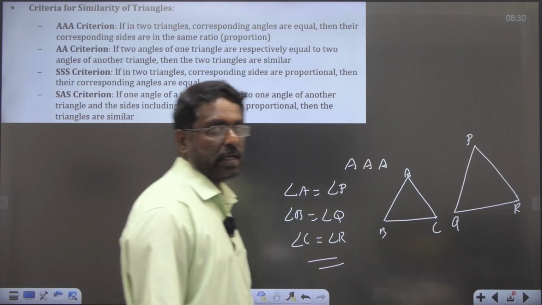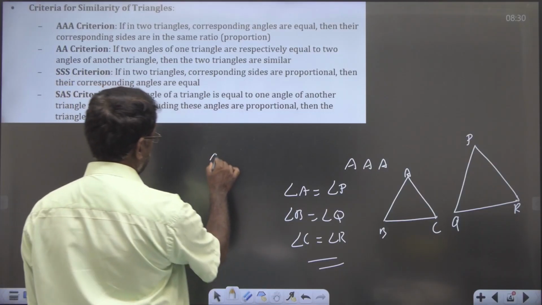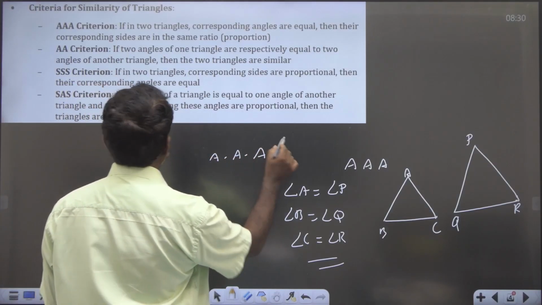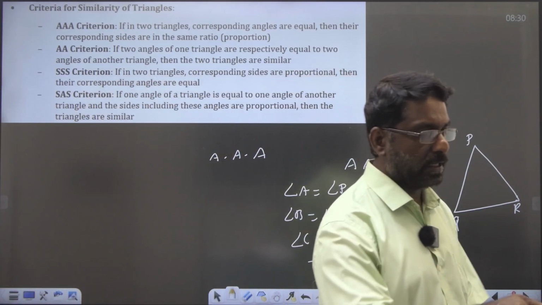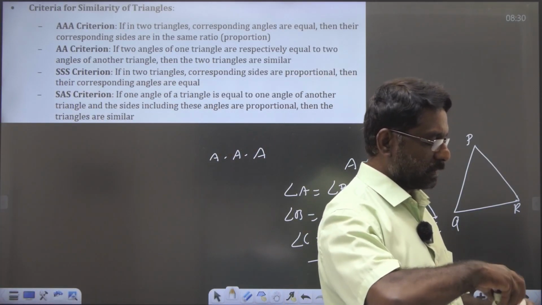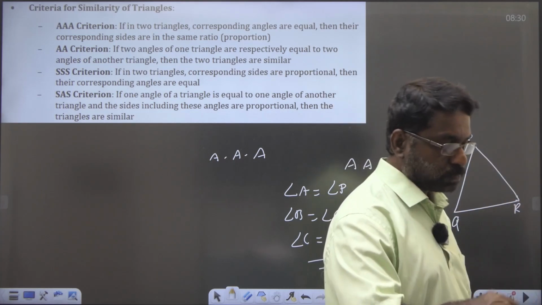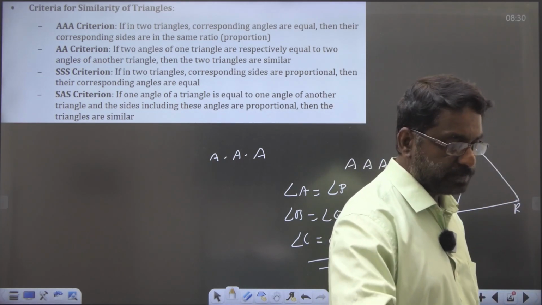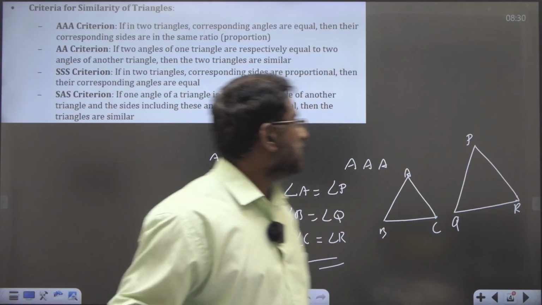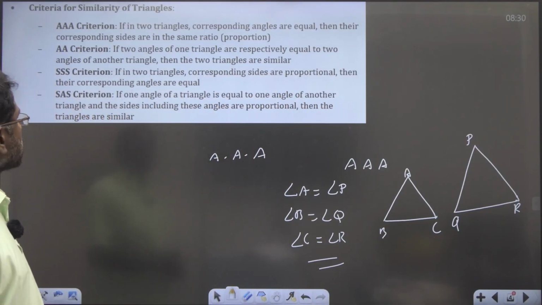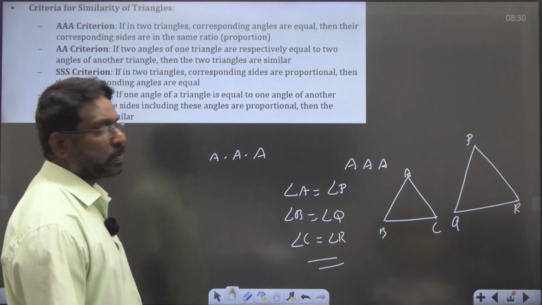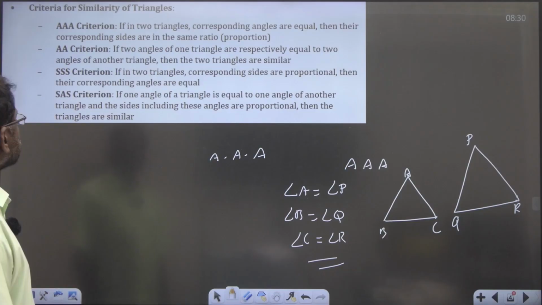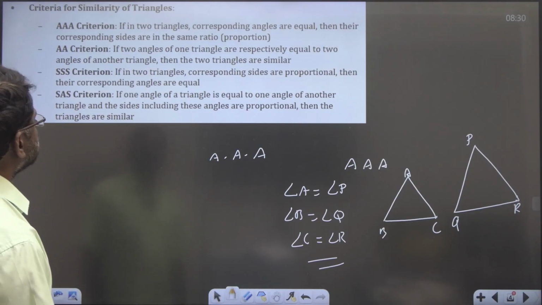That is called the AAA criterion. Angle, angle, angle. If in two triangles the corresponding angles are equal, then their corresponding sides are in the same ratio or proportion.